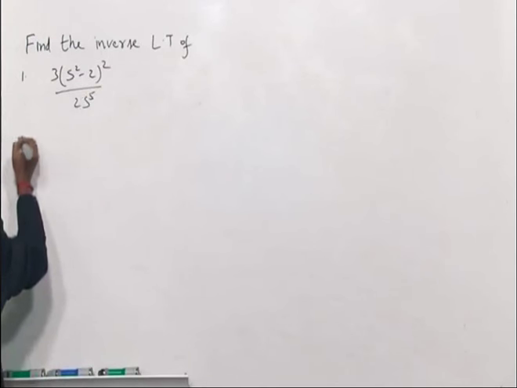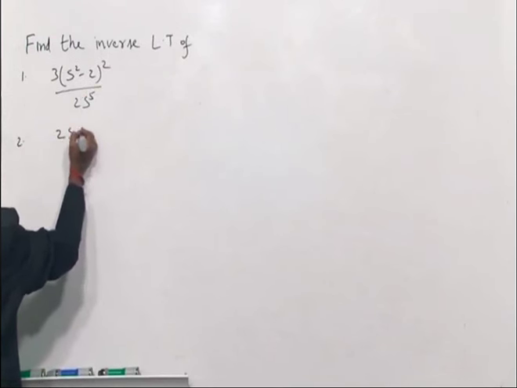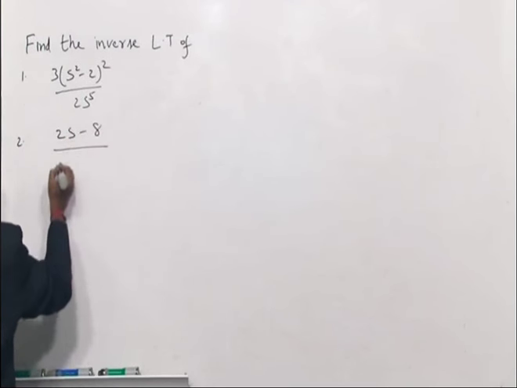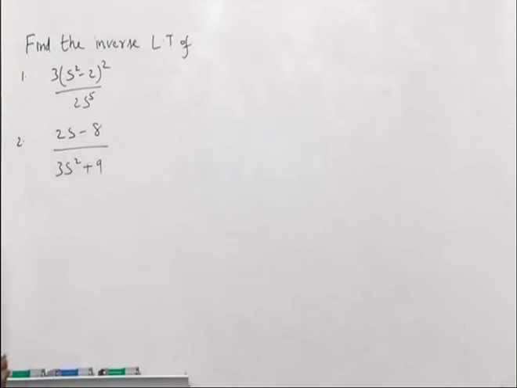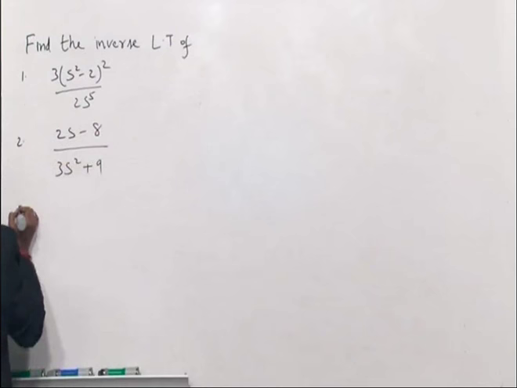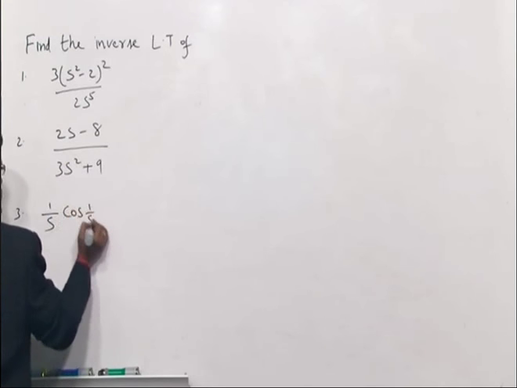Second one, (2s minus 8) divided by (3s square plus 9). Third, 1 over s cos 1 over s.